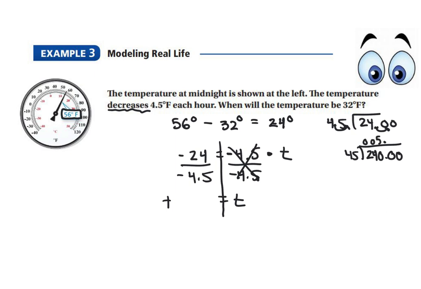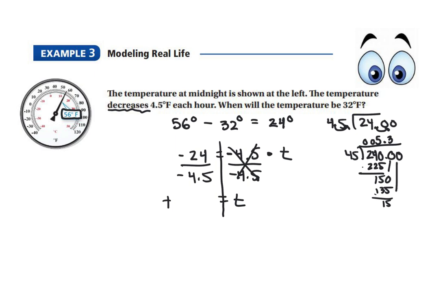5 goes right here. And 5 times 45 we said was 225. So when we take away, we bring down a 0. And from here we see how many times does 45 go into 150. 45 goes into 150 3 times. 3 times 45 is 135.